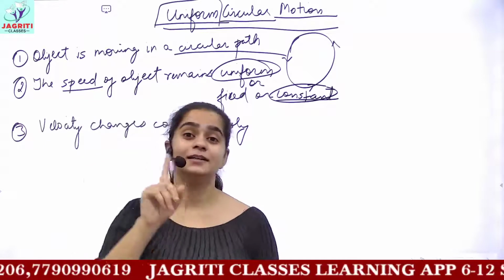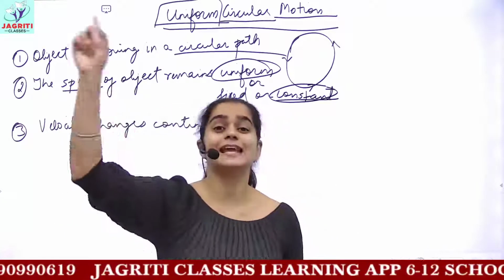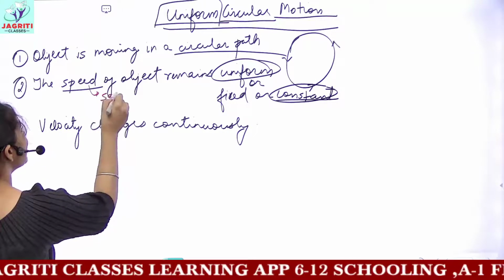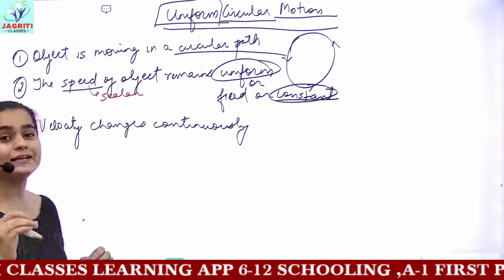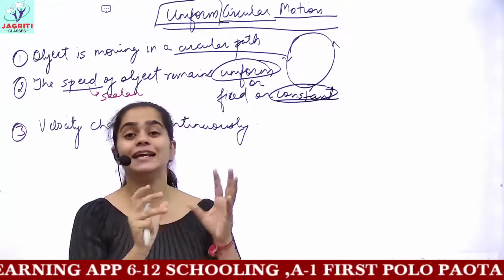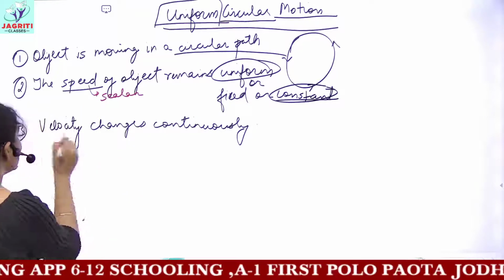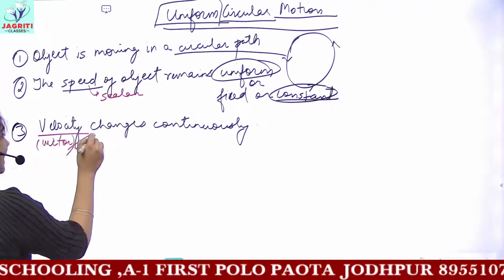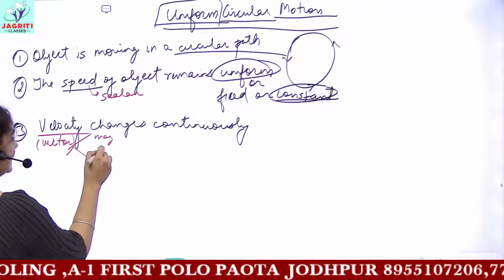This concept is related to scalar and vector quantities. Speed, you all know, is a scalar physical quantity. It means it does not have direction, it only contains magnitude. While velocity, which is a vector quantity, contains magnitude as well as direction.